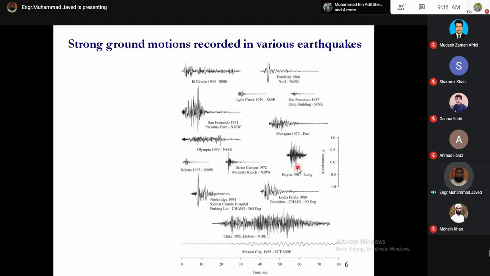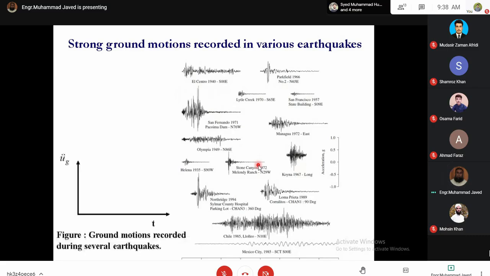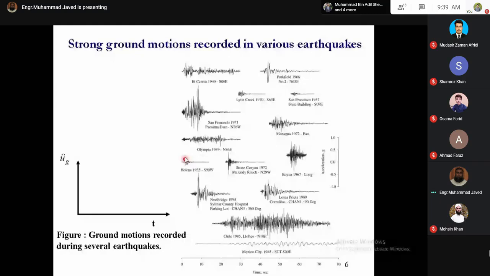So you can see that different earthquakes have different shapes, different peaks, different durations. So every earthquake has its own characteristics. In these graphs, on the x-axis we have time and on the y-axis we have ground acceleration.